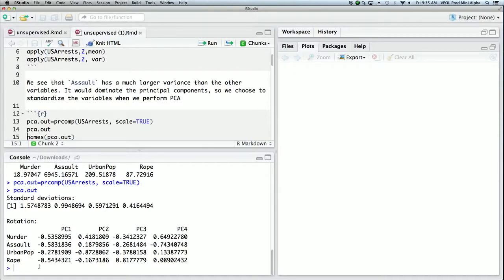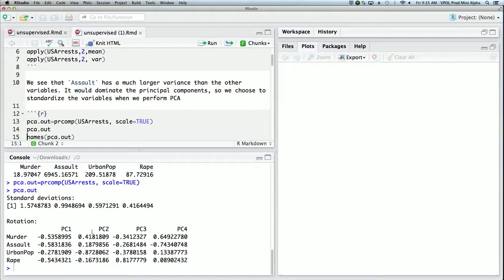Now, notice the signs are all negative. Well, the principal components don't care about signs, because the variance of a negative variable is the same as if you multiply it by -1. The variance doesn't change. So we can easily just flip these signs and we get the same principal component, just with the signs changed. And then you notice the second principal component is more heavily loaded on whether the state has a high urban population or not.